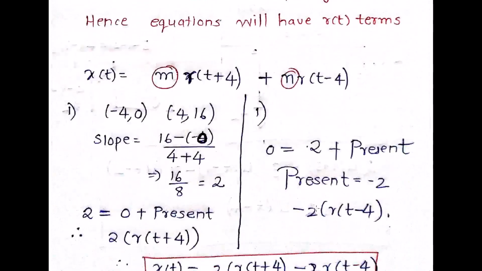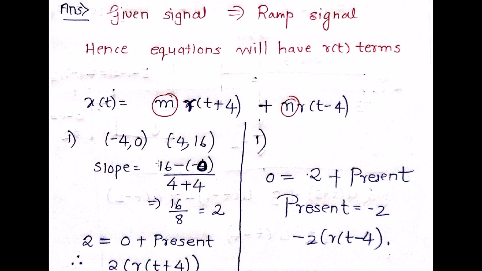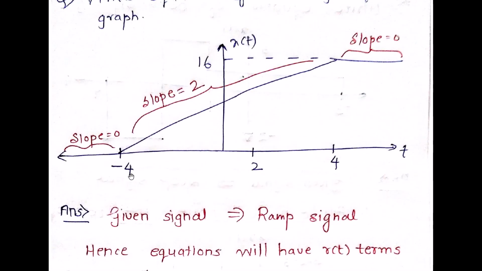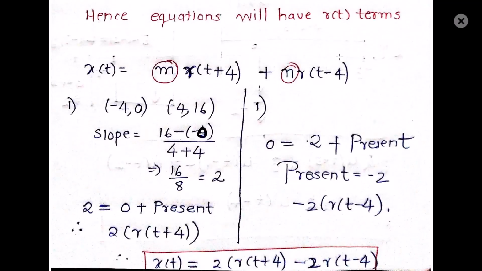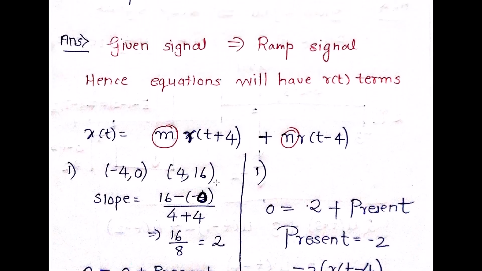If you look at this, at t is equal to minus 4, you have to find out the slope of the line between the points minus 4, 0 and 4, 16. The slope will be y2 minus y1 upon x2 minus x1, which will give you 2. So basically what does it indicate?